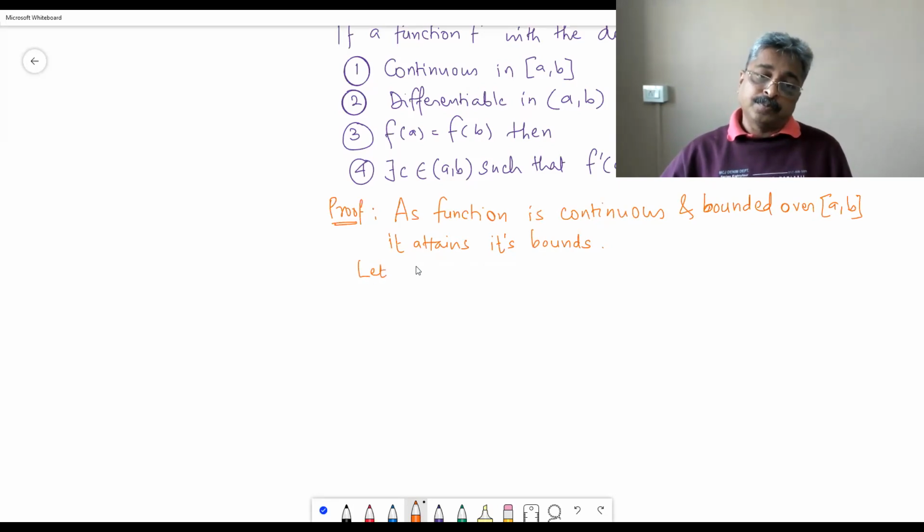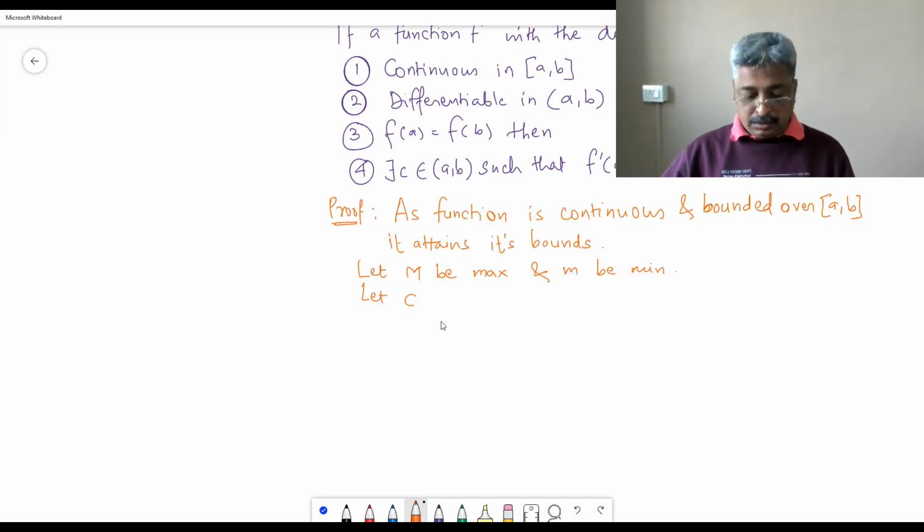Let capital M be the maximum and small m be the minimum. Let c, d belong to [a, b] be such that f(c) is equal to capital M and f(d) is equal to small m.